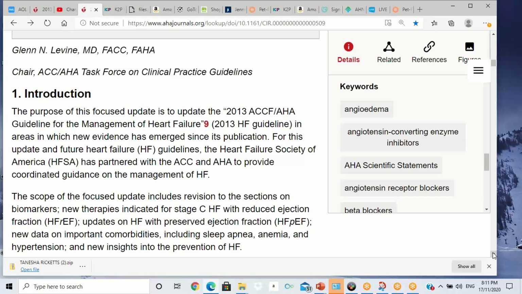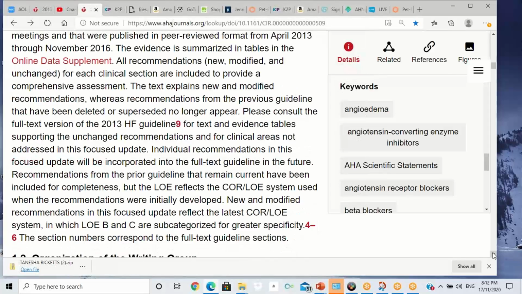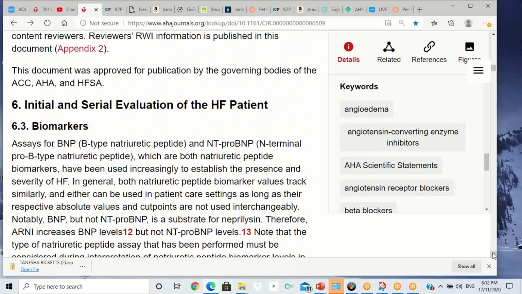So if some studies are finalized and the results are known, then it's included in the updates. For this update and future heart failure guidelines, the Heart Failure Society of America has partnered with the American College of Cardiology and the American Heart Association to provide coordinated guidance on the management of heart failure. So this is just a focus update. And as I said before, it's not a lot of updates.